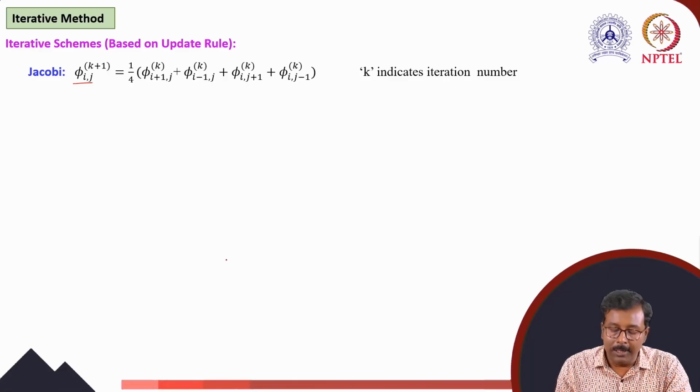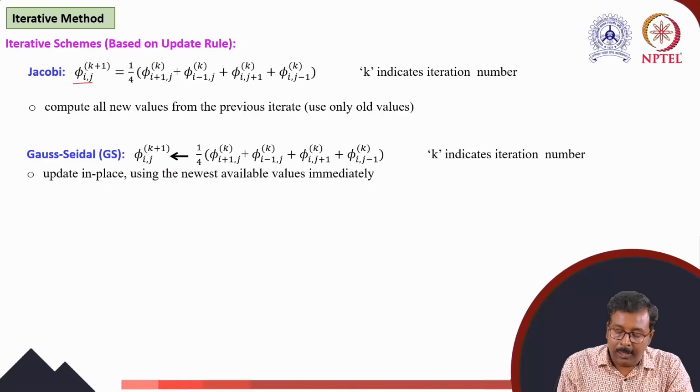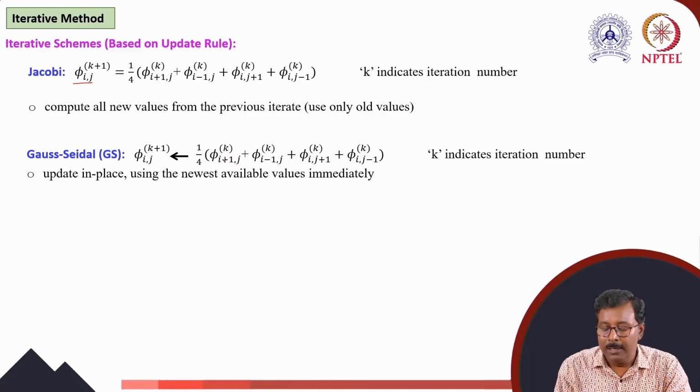For Gauss-Seidel method, the update is also in this way, but the arrow sign indicates here that whenever you are computing the value at node ij, that is phi ij, by using the nodes on its left side, right side, the next below node and the next upper node. Whenever you are doing this, say for the first time for a particular node, you can get these other nodes from the previous iteration.